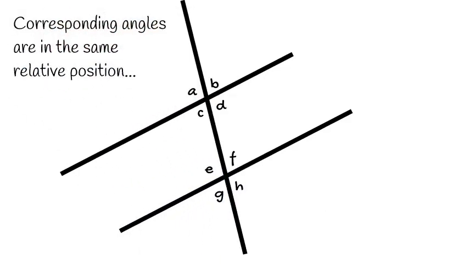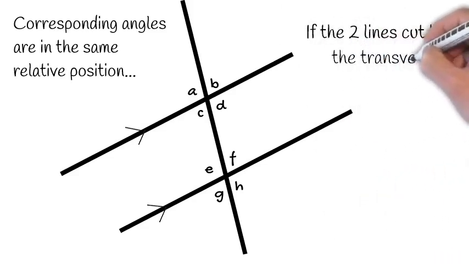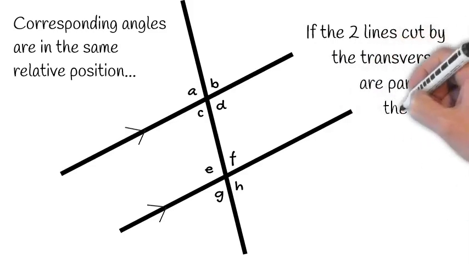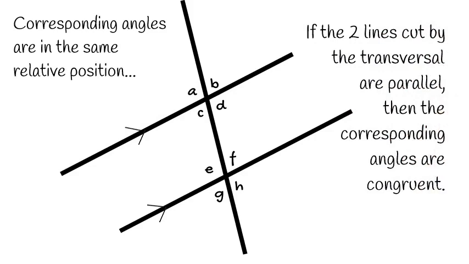If we label the two lines that are cut by the transversal with these arrowheads, then that means that the lines are parallel. Now, here's something that you may have noticed. If the two lines cut by the transversal are parallel, then the corresponding angles are congruent.